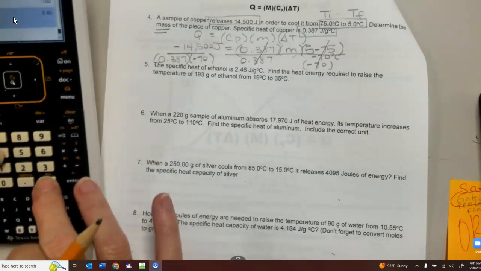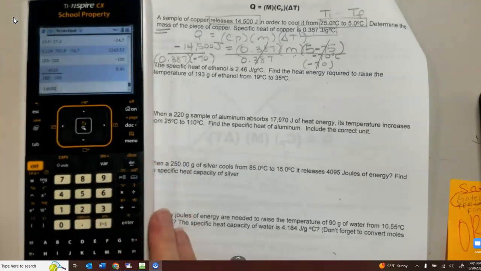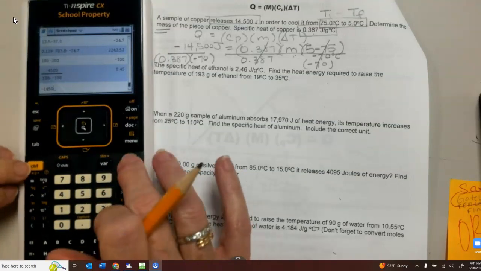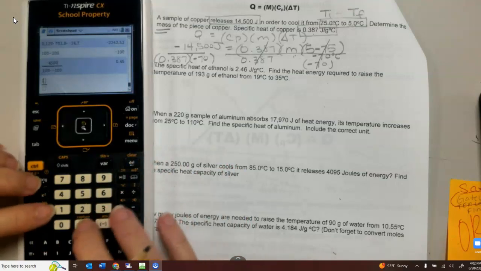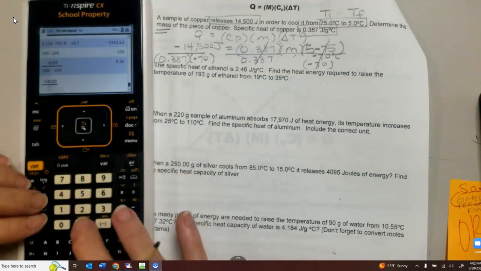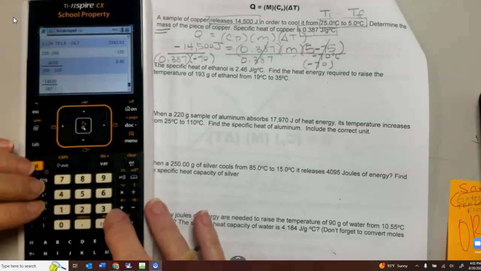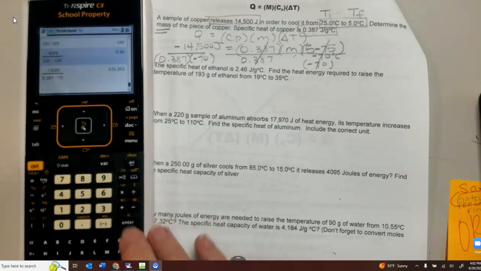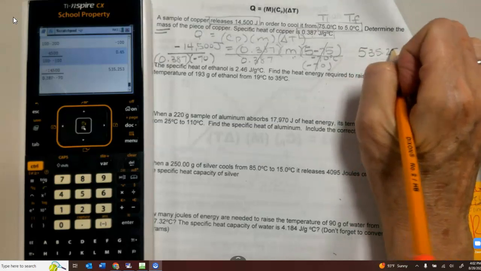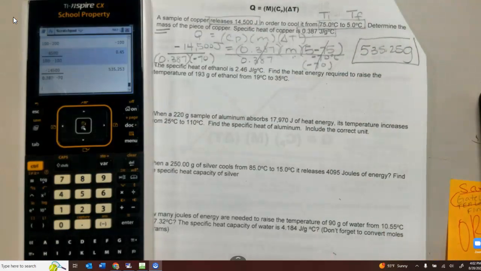I've got negative 14,500 on the top, divided by, oh, let's do it this way, I like it better. Control divide, negative 14,500. And then on the bottom, I've got 0.387 times negative 70. And there's our answer, 535.25 grams. And there's your final answer.